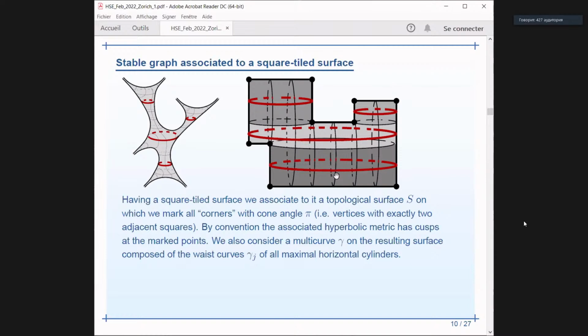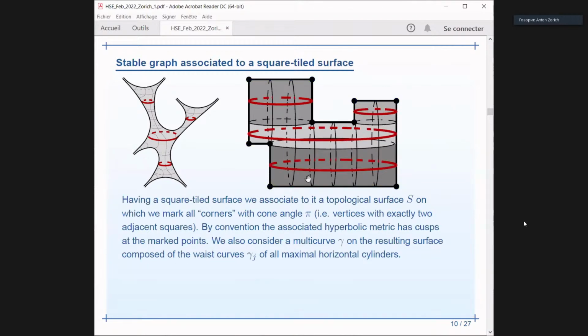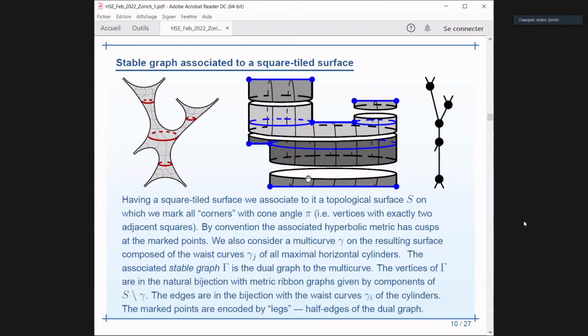Sorry, Anton. Yeah? What do you mean by calling this gray part a cylinder? If you take a complement of the surface, so in this picture, I colored in blue all critical horizontal levels. So we have this critical horizontal level, then one here, then one here.